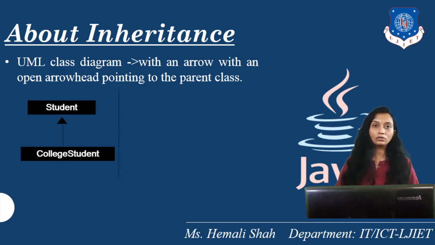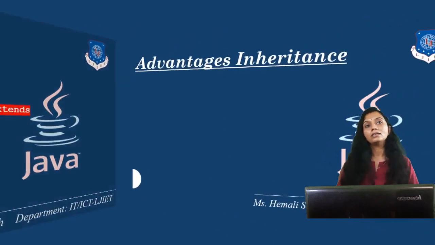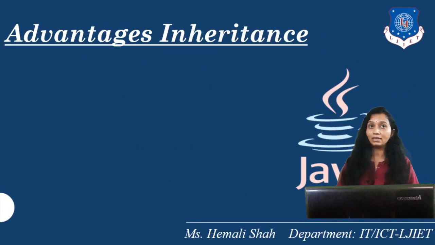Now whenever you write the code for it, it will look like this. The student is an existing class, and from that class you want to create the college student class. Then the syntax will look like this: class, new class name which is college student, extends keyword, then existing class name student, and in the body of the class you can write newly created data members and functions both.